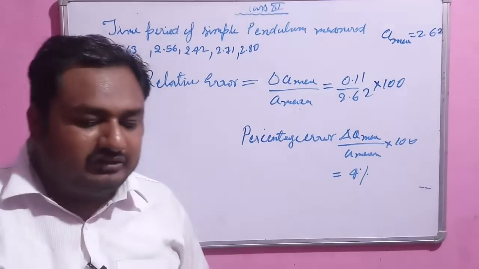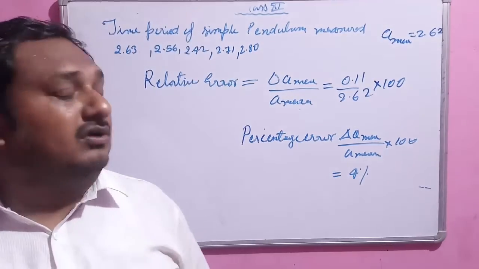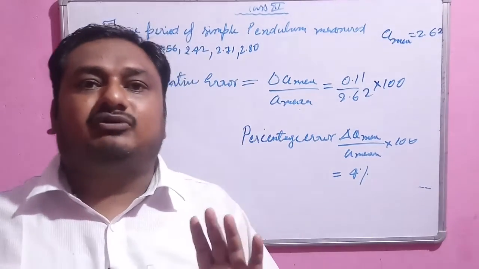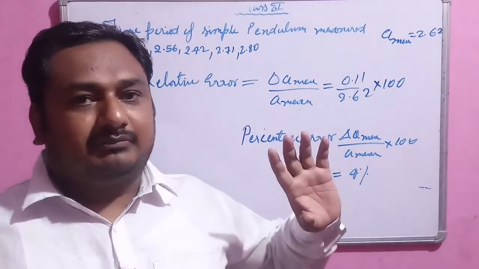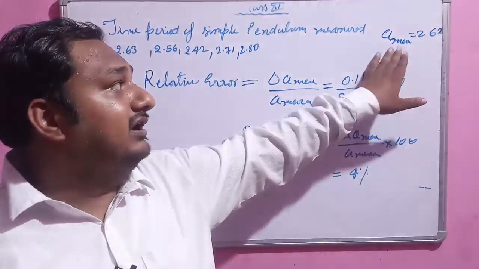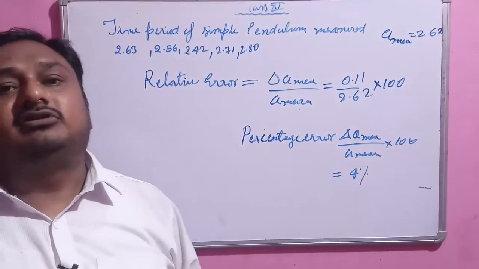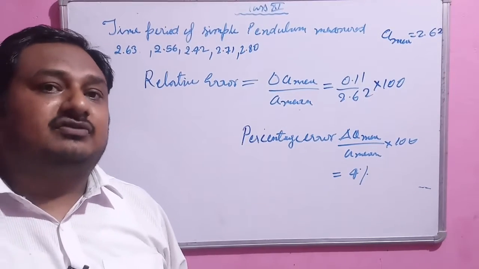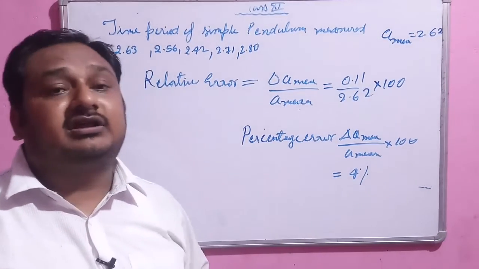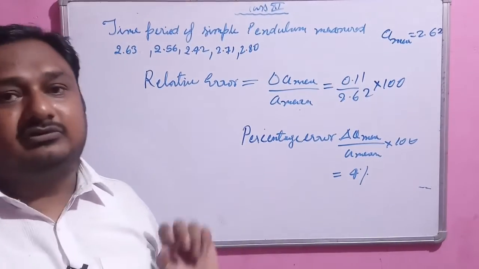So this is how we have discussed the absolute error, relative error, and percentage error. For finding the absolute error, first we have to average the measured values, that is, we make an average of all the values and get A mean. Next we take the absolute error, which is the difference of the measured value and the true value. Next we find the average of all absolute errors, which is the mean absolute error.